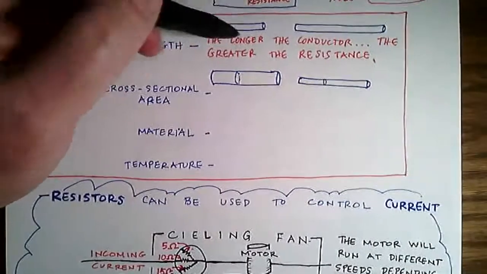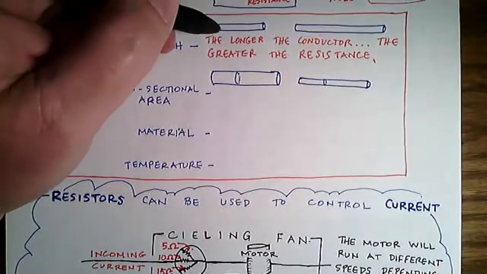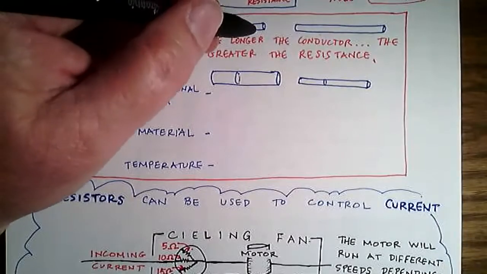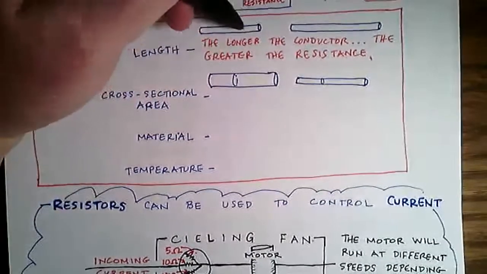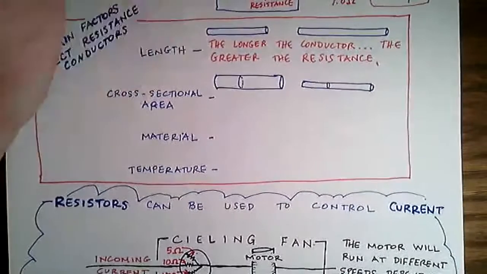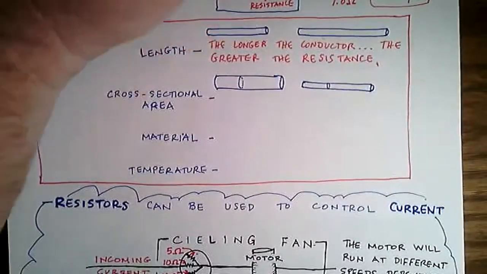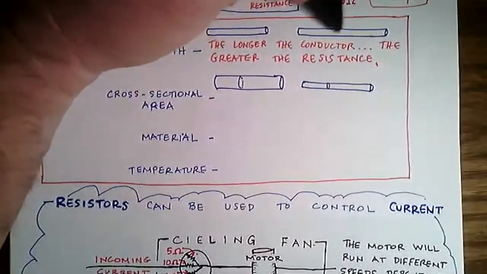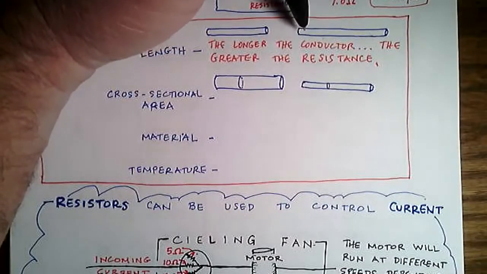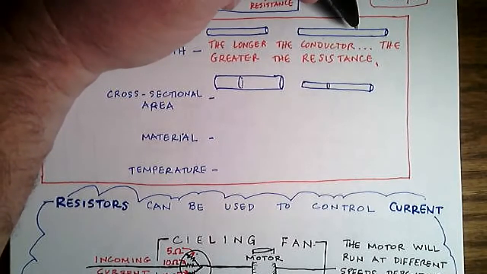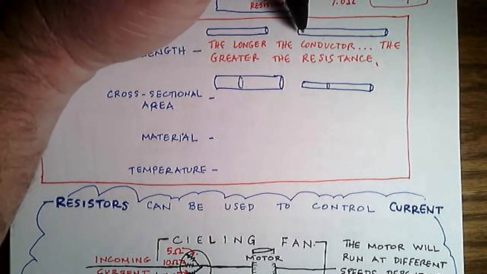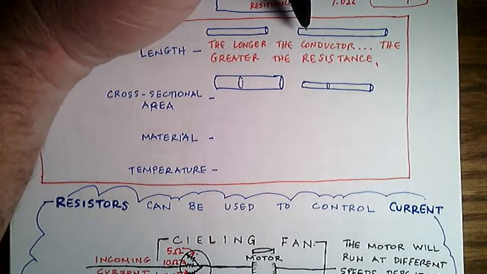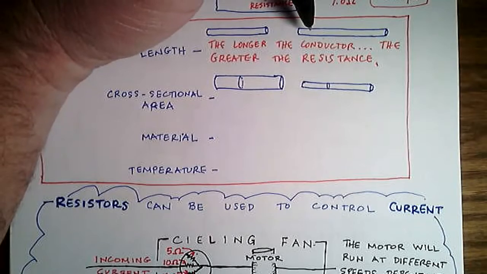If I have a short wire, I don't have to worry about running into as many copper atoms to get to the other side. So for instance, if I had a 10-meter wire, I'm going to have a certain amount of resistance. If I have a 100-meter wire, I'm going to run into a lot more copper atoms if I go through 100 meters. And so that's going to mean I'm not going to be able to move that current as quickly. Okay, I won't be able to move charge as fast.